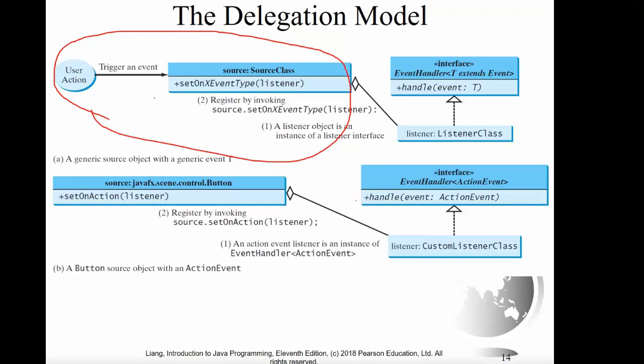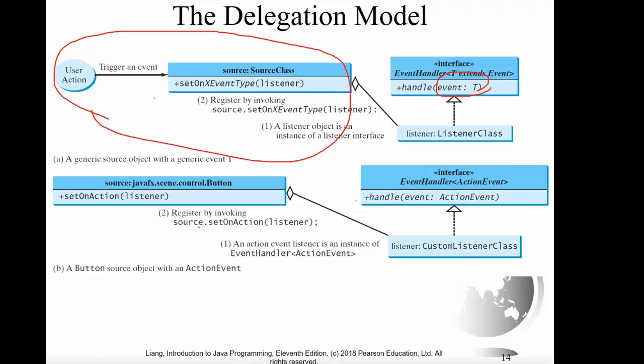That listener implements one method, which is the handle method. This T extends Event. T is a type of an event or a subtype. I mean, it's Event or any one of its subtypes. Okay? This is one way of generic programming in Java.